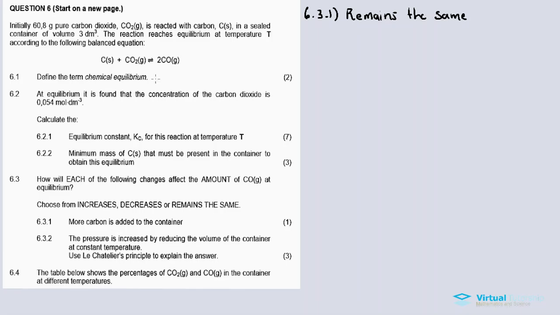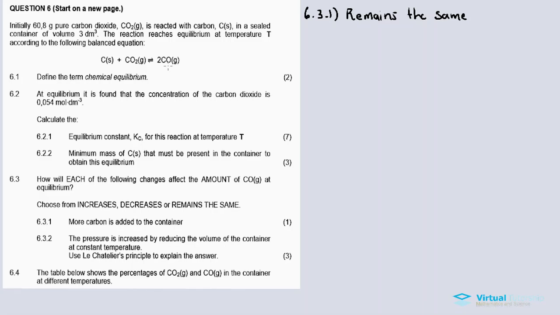Why? Because according to Le Chatelier's principle, an increase in pressure favors the side of the reaction with the smaller amount of moles. So look at the right-hand side: 2 moles, and on the left-hand side: 1 mole. I don't include the number of moles for the solid.